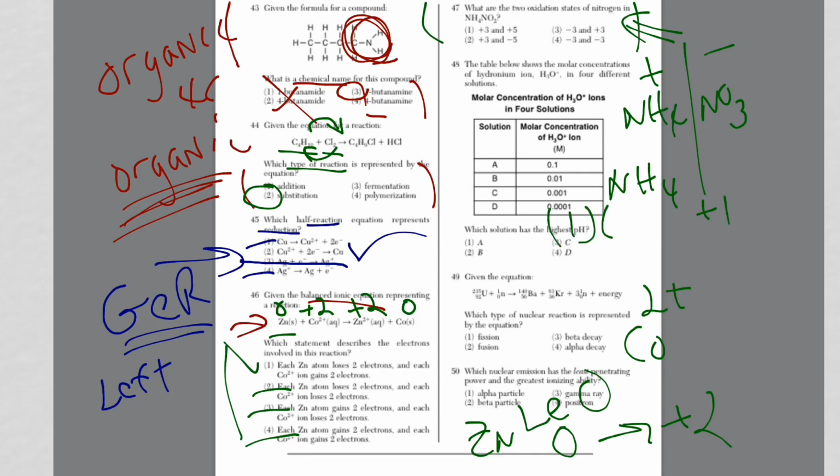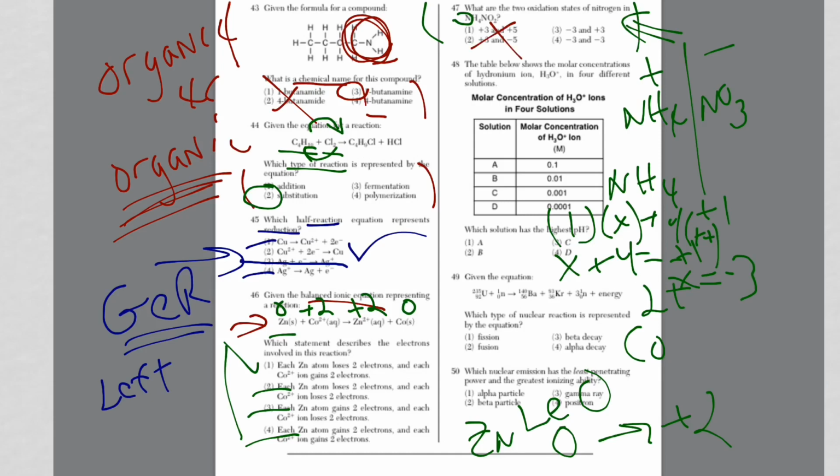I don't know the oxidation number. I got 4 hydrogens, each with a +1. In other words, I have X plus 4 is equal to +1. X is equal to -3. So that makes the first oxidation state for nitrogen as -3. So it cannot be choices 1 and 2.